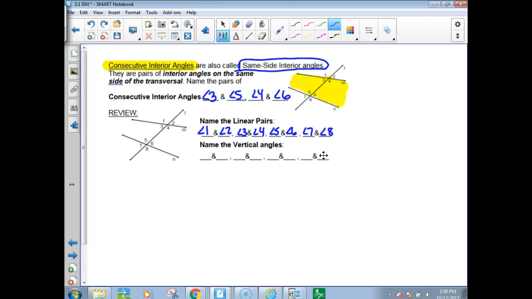But I think someone was assuming we're going to go in the other direction. So couldn't we go this way as well to get the transversal line? So let's add on angle 1 and angle 3, angle 2 and angle 4, and then going down here, angle 5 and 7, and 6 and 8.